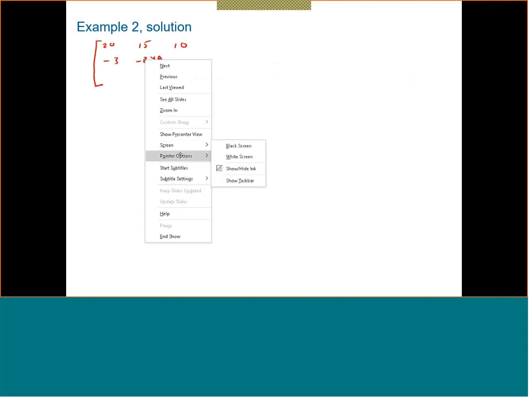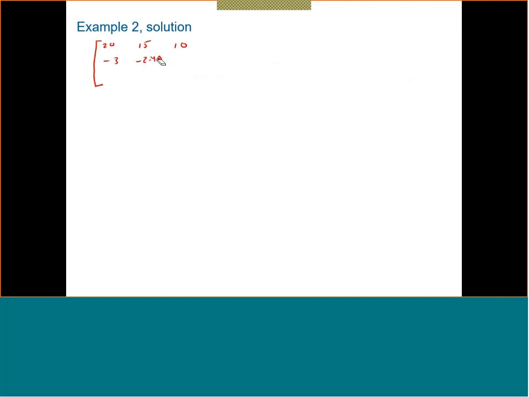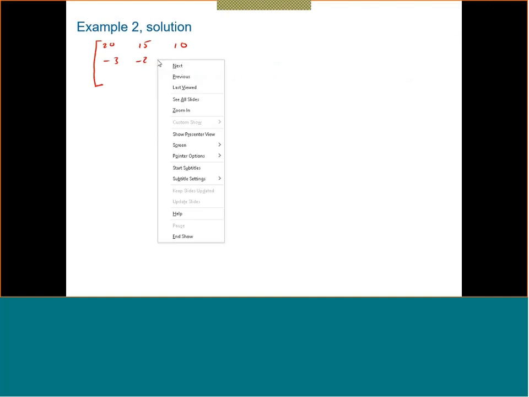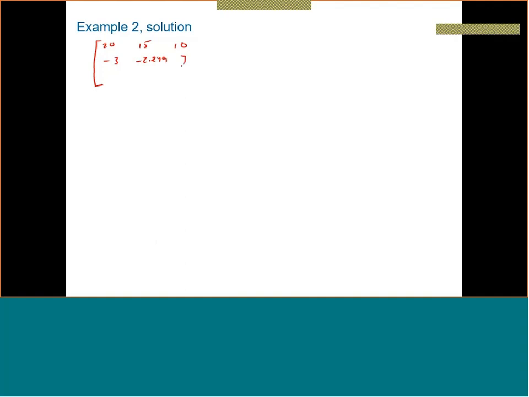So I will have 20, 15, and 10, then minus 3, minus 2.249, and 7.